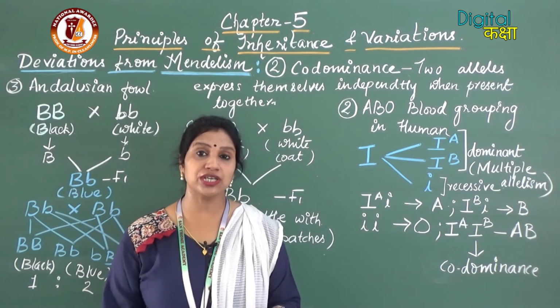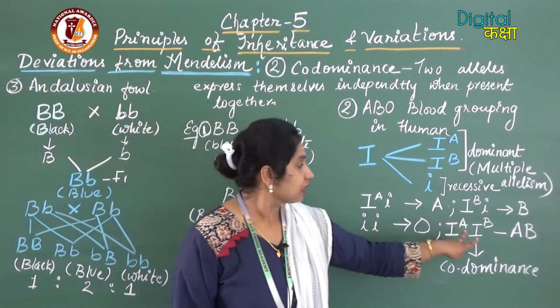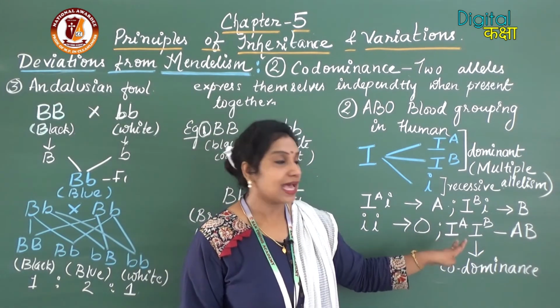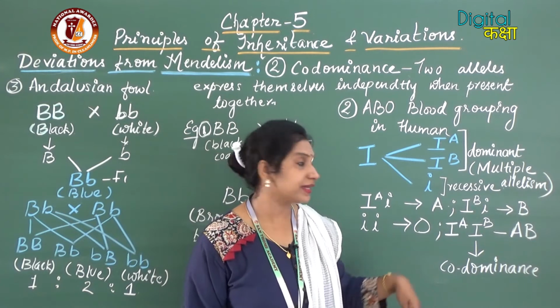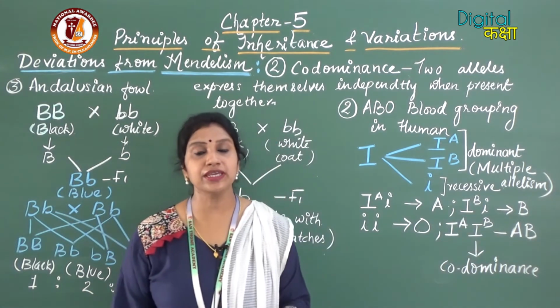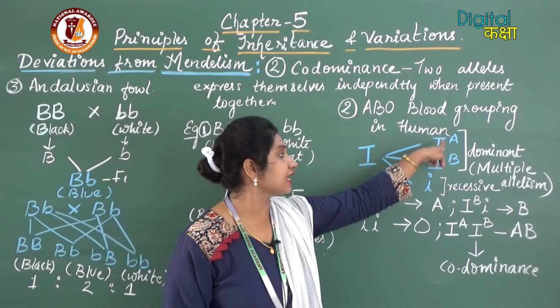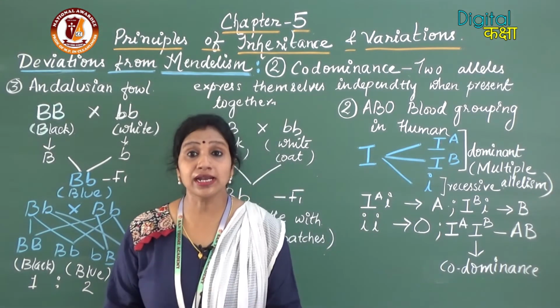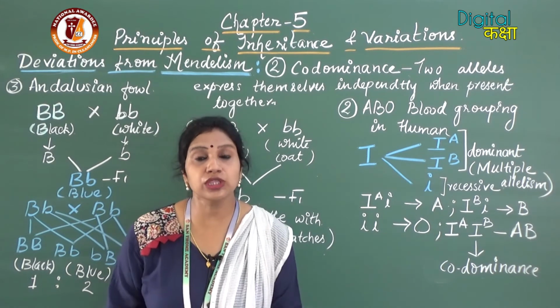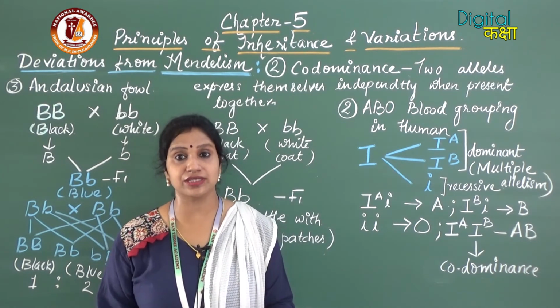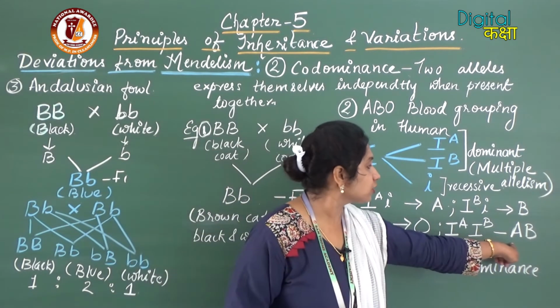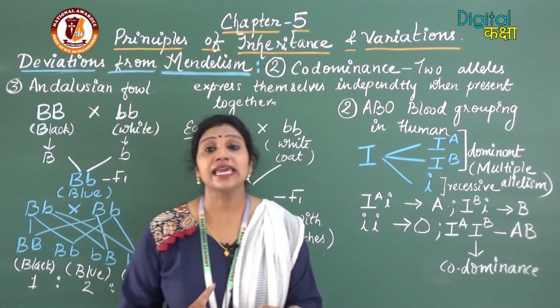In the fourth condition, the person is getting one allele, IA, from one parent, and the second allele, IB, from the other parent. So in this case, as IA and IB both are dominant alleles, both will express themselves. So here the blood group of the person will be AB.